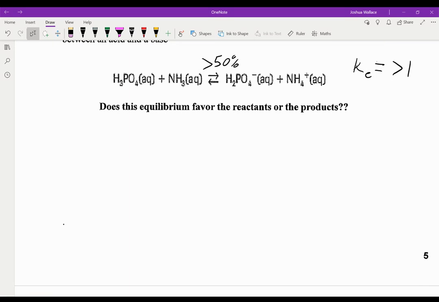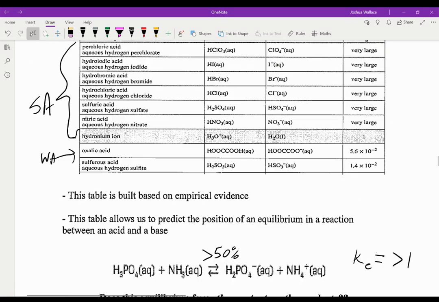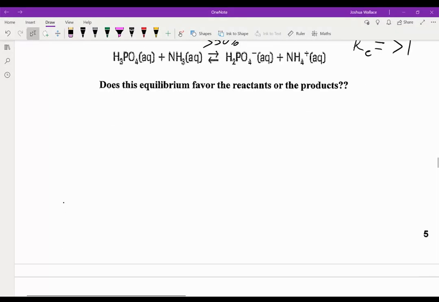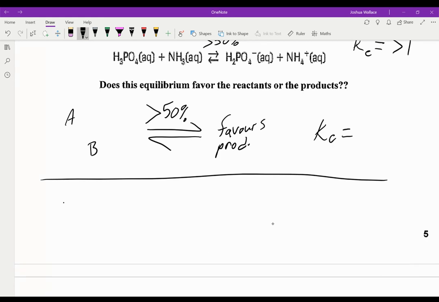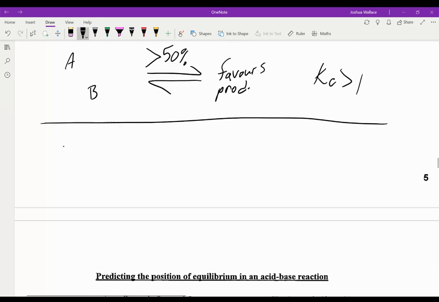Now, essentially what we can do is look at this and say, okay, we do not have H3PO4 on our table, but what we know is that if our acid is above our base, then at equilibrium we have over 50% of our reaction, which means that it favors the products, and our Kc is going to be greater than 1, as we have here.